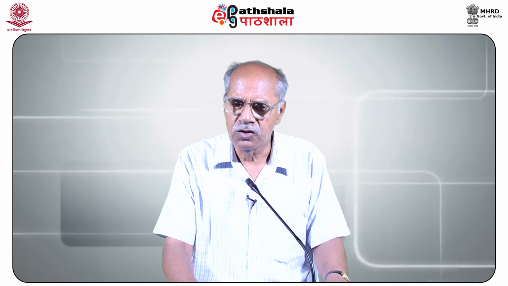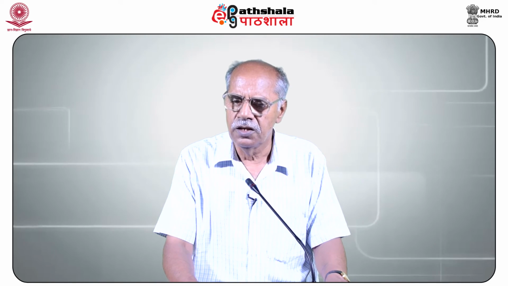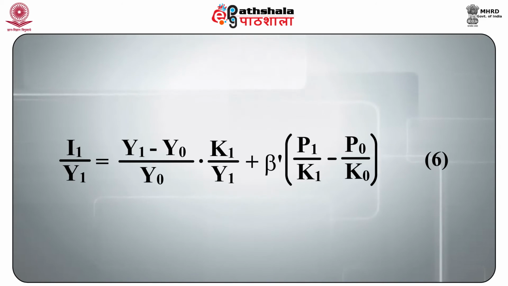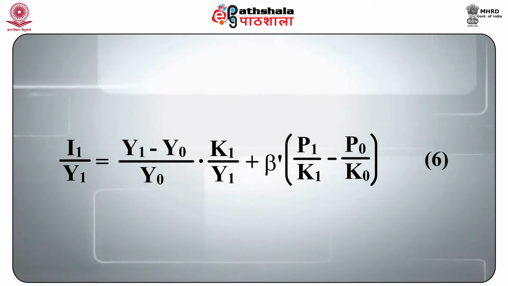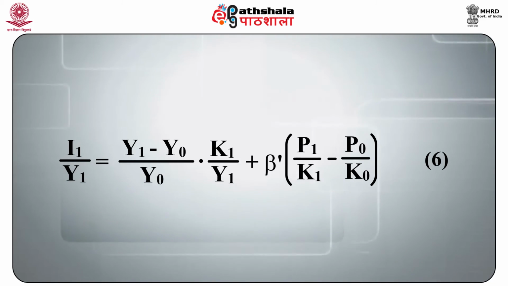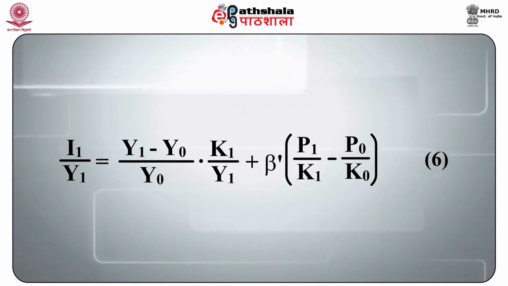two sides by Y0. Since K1, K0 and Y0 are given, equation 3 can be rewritten as I1 upon Y1, which is equal to Y1 minus Y0 divided by Y0 times K1 upon Y1 plus beta dash times P1 upon K1 minus P0 upon K0, equation 6.